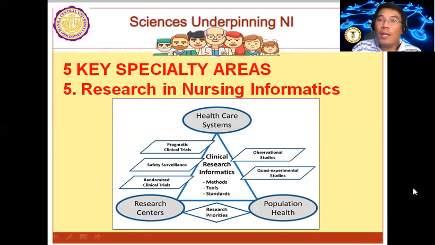How the Food and Drug Administration will facilitate the issuance of the emergency use authorization, the EUA, for the vaccines. And how they will issue the compassionate permit for those drugs that are being used but not yet commercially registered in FDA.